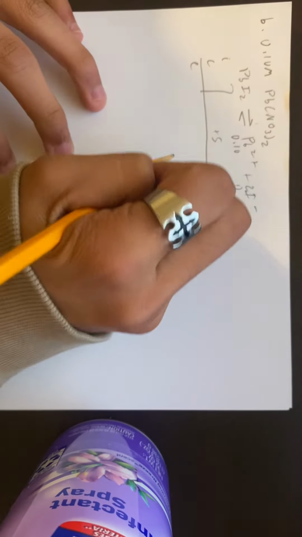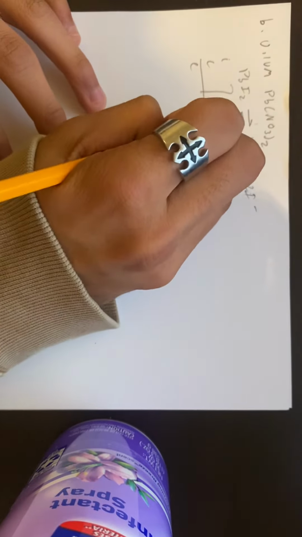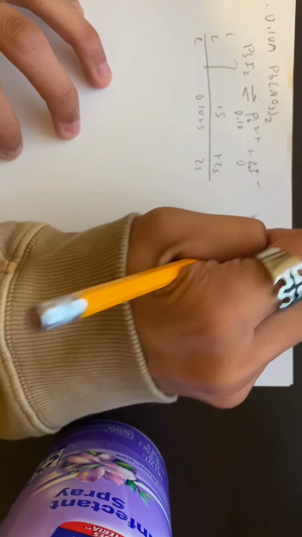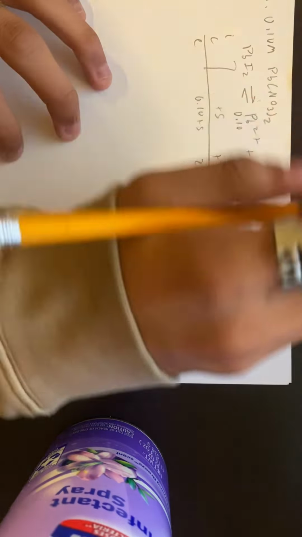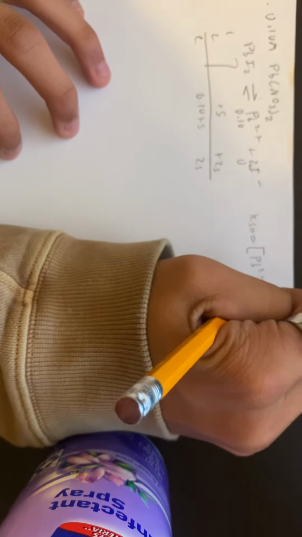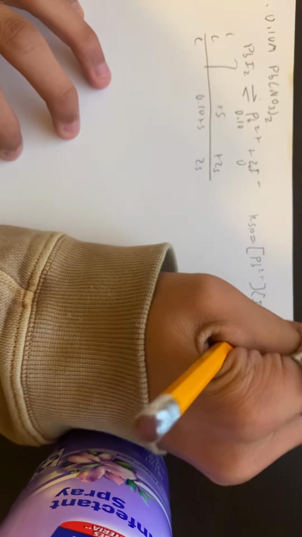Since the coefficient is 2, we get 2 S's. So this is going to be 0.10 plus S and 2S. So the Ksp is equal to, same thing, Pb2+ times I- squared.